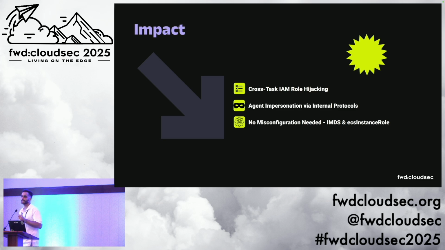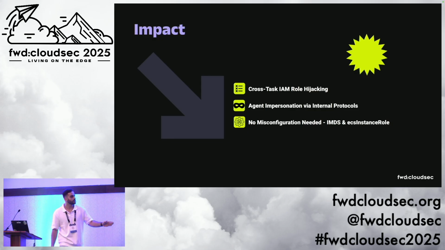We can steal the role credentials of any other task running on that instance. Second, we have agent impersonation via an internal protocol. The agent returned the ACS protocol, leaking data about other tasks and the instance itself. Lastly, it requires no misconfiguration. IMDS is enabled by default for ECS, and the ECS instance role has the permission that I mentioned before by default.